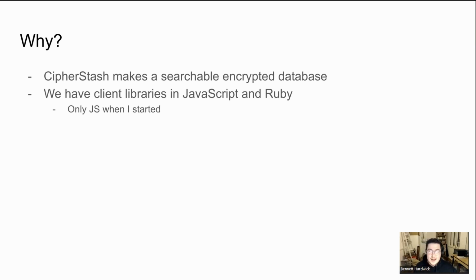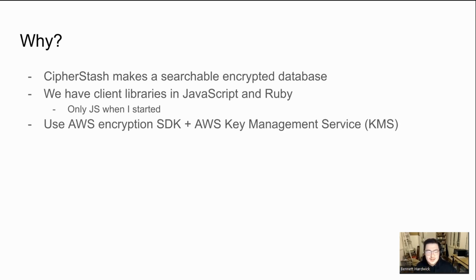And at that time, the encryption library, I suppose, that we were encrypting all of the records inside the database with was the AWS Encryption SDK and the AWS Key Management Service. So this is the first lot of acronyms. It's AWS ESDK plus AWS KMS. Right? Rattle that one off a couple of times.